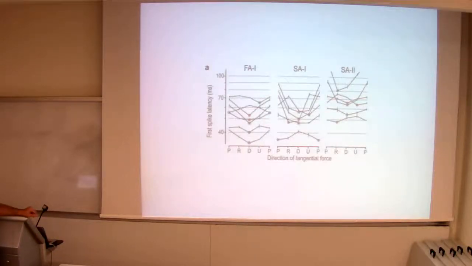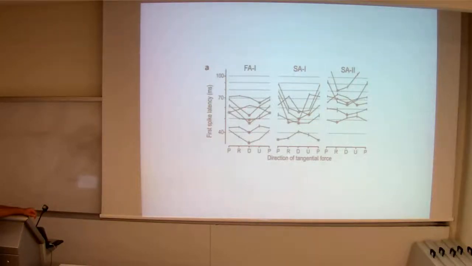Okay, so if you now take a few examples for each one of these types of fibers, you can see that each one of them has some kind of curve that represents the latency to the first spike. So, for example, in this case, this direction, which is down, is where the first spike occurs.